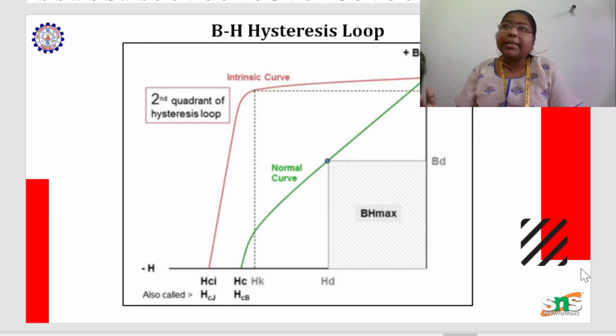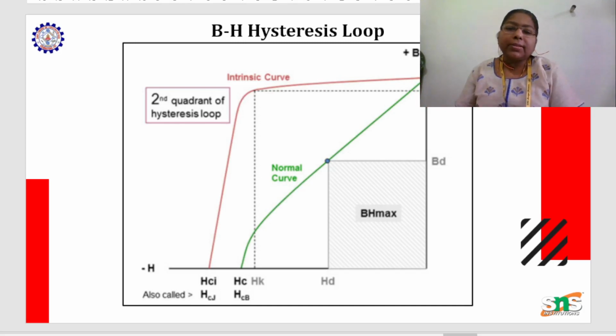we have to take up the second quadrant operation. That is, when you try to demagnetize the magnet, how does it respond? So it is not the magnetizing loop that we have to consider. We have to consider the demagnetizing loop.